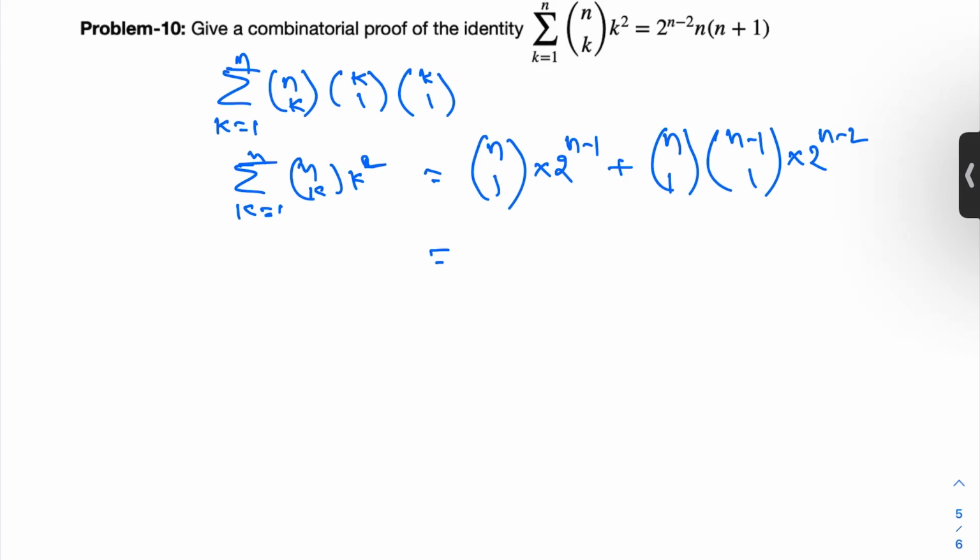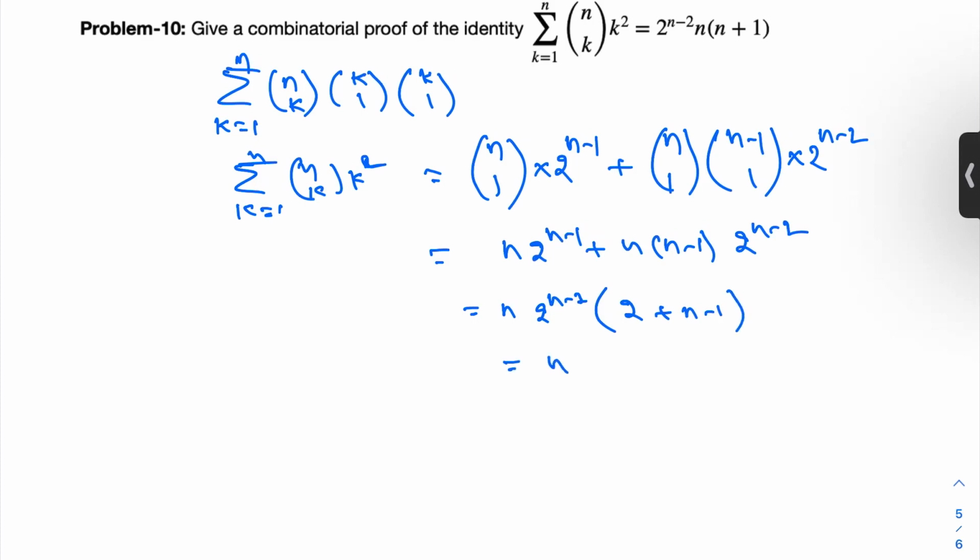Now here we have n times 2 to the power of n minus 1 plus n times n minus 1 times 2 to the power of n minus 2. If I take n times 2 to the power of n minus 2 common, then we have 2 plus n minus 1. So this is n times, now this is 2 to the power of n minus 2 times n plus 1.